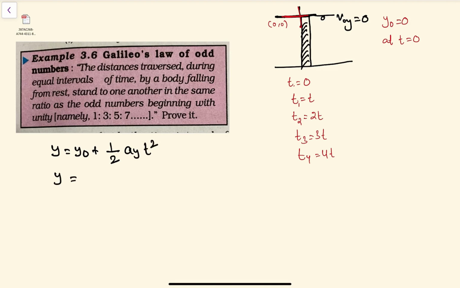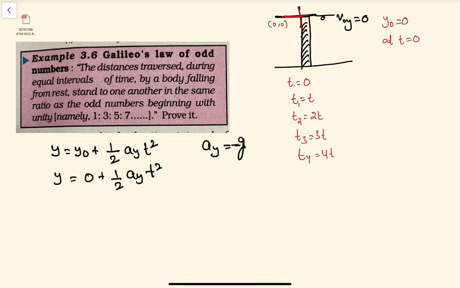So y is equal to, of course, y naught is 0 plus half into a y t square. What is a y here? Minus 10 meters per second square, or simply, if they are not given, simply write the g value. a is equal to minus g.